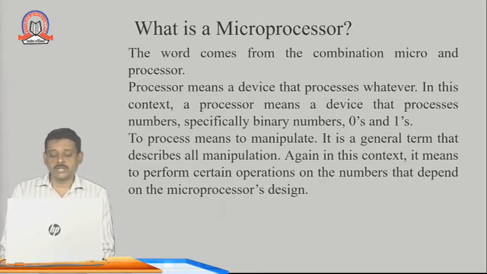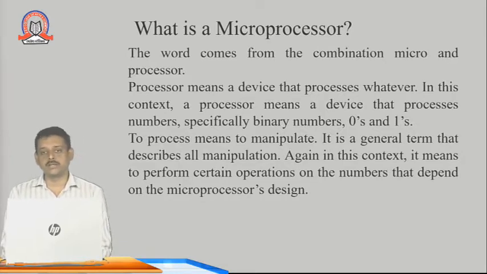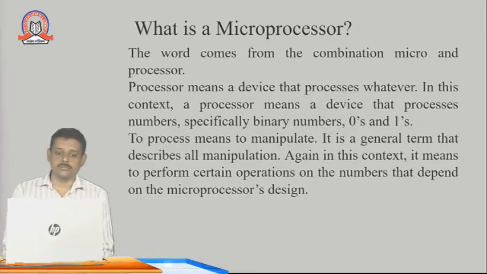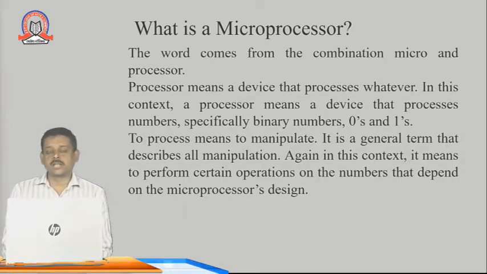In this context, a processor is a device that processes numbers, especially in the form of binary, that is zeros and ones. To process means to manipulate. It is a general term that describes all manipulation. Here it means to perform certain operations on the numbers, depending upon the microprocessor's design.